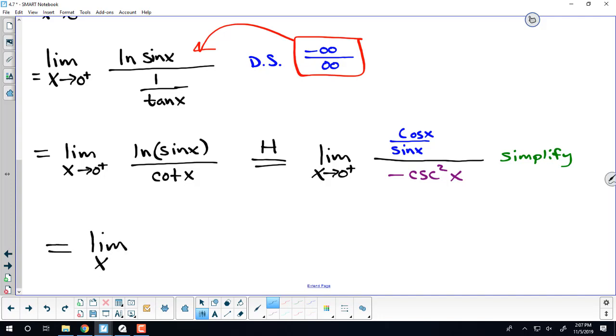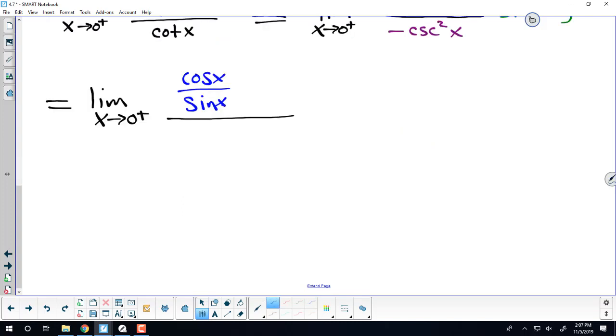Same limit. We're going to just rewrite the denominator as negative 1 over sine squared, and then invert and multiply.